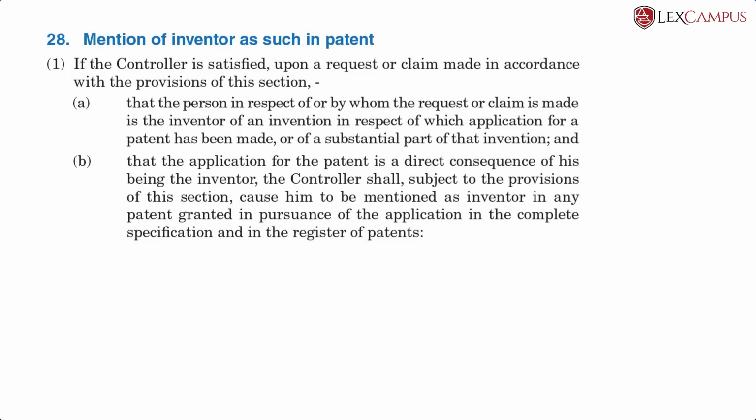Now, an analogy would be that of an author and a publisher under the Copyright Act. We understand that very clearly. A person who authors the book need not be the publisher, whereas a publisher in most cases is a body corporate which may act through its employees and officers.